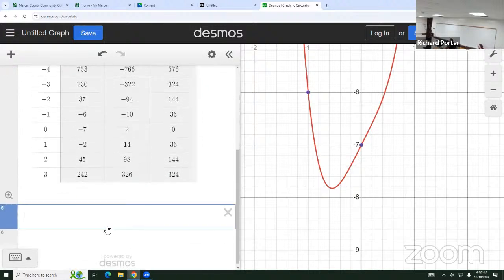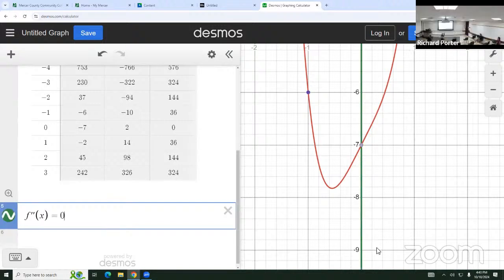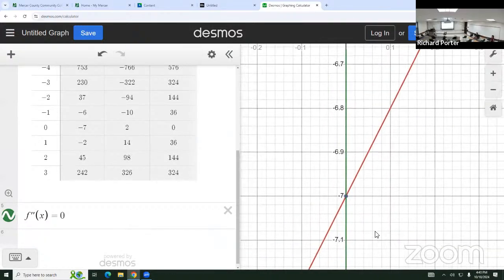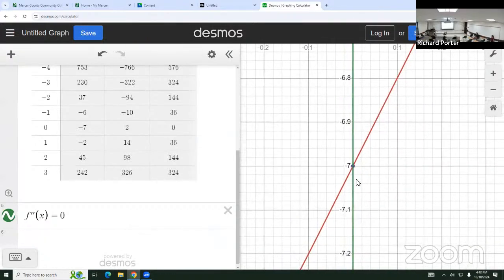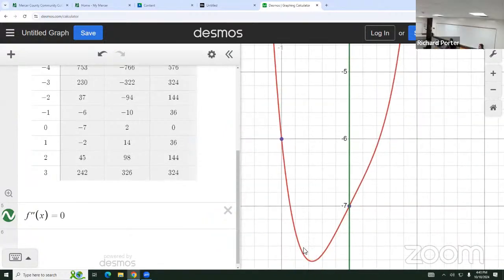Let's just ask, when is the second derivative equal to 0? Oh, maybe just the one time. Okay, so what happens there? It's concave up here, and then it flattens for just a second, and then it's still concave up.